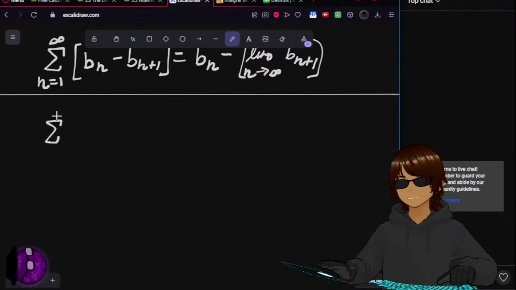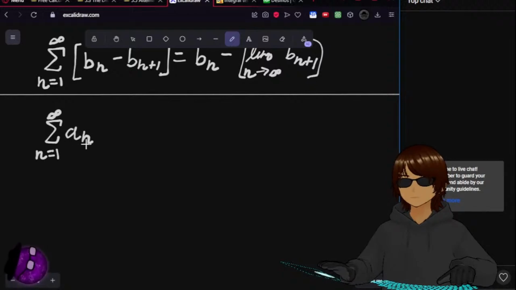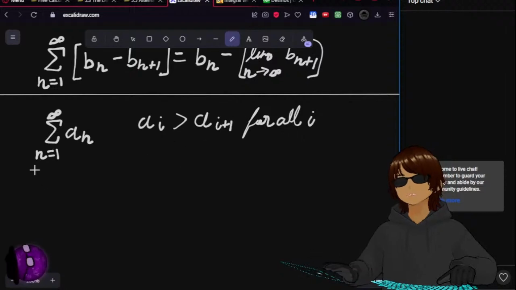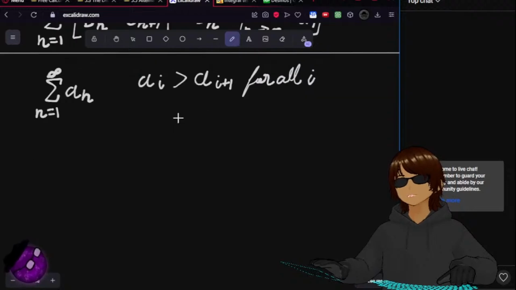If we have this, infinity, n plus 1 and n, I plus... would be greater than, for all I. So basically, in the entire series, the next term will be smaller than the previous term.